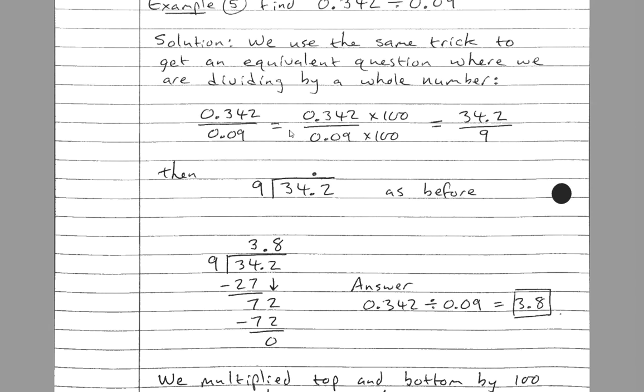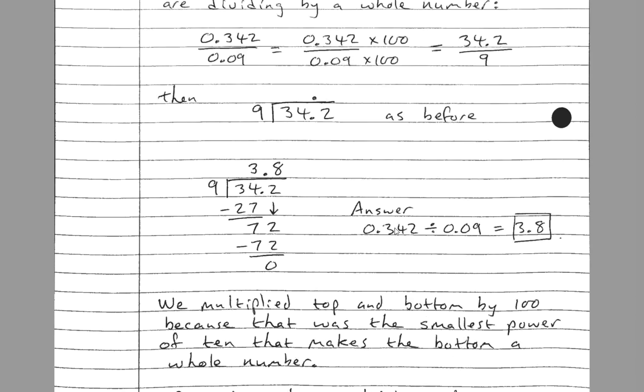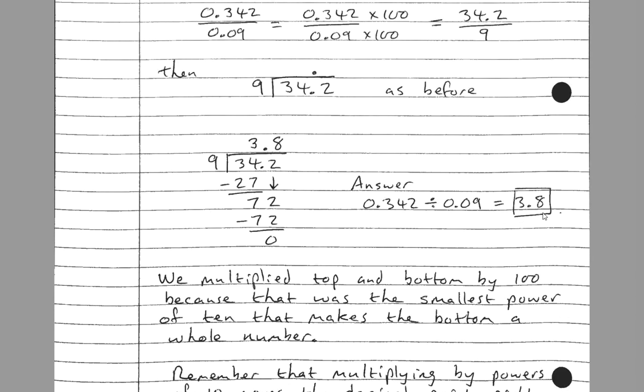The original question is really the same as this question. We haven't changed it, it's an equivalent division question, just because we're doing the same thing on the top and the bottom. And so the answer is 3.8.